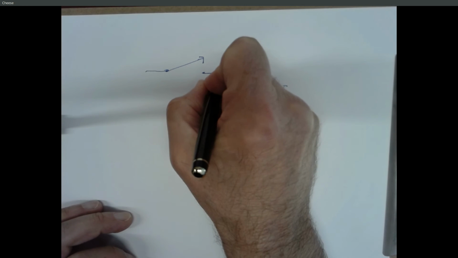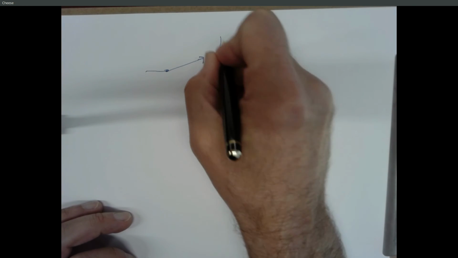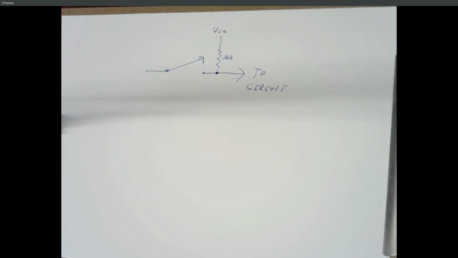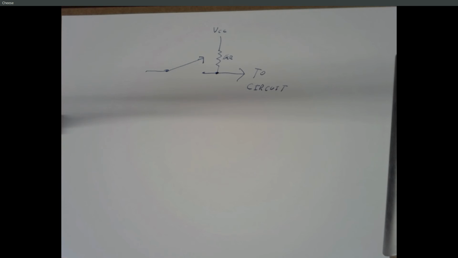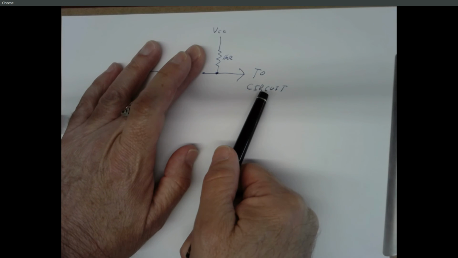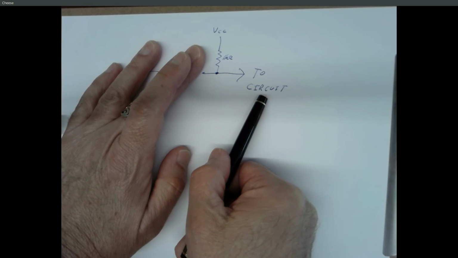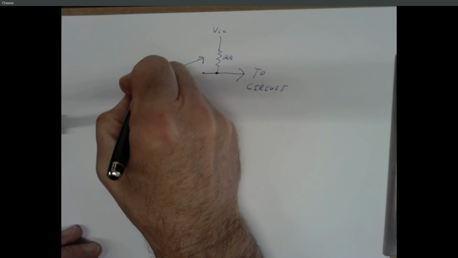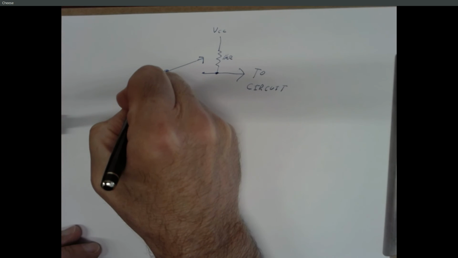At the point that goes into the circuit, we put a 1K resistor, and we connect the other end of the resistor to 5 volts. So if I don't do anything with the switch, I've got 5 volts going into my circuit. That's a logic 1. Now I put a switch here and I take the other end of the switch and I tie it to ground.